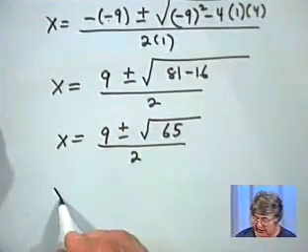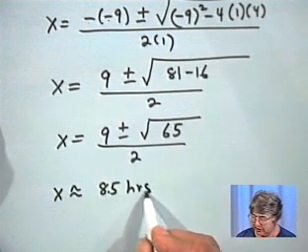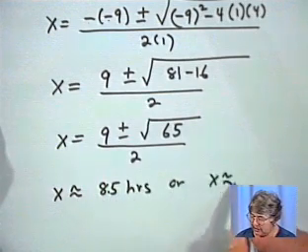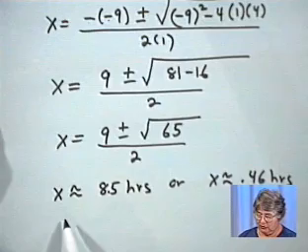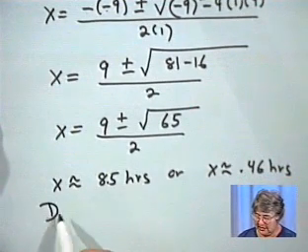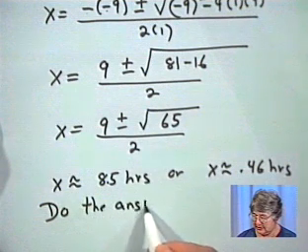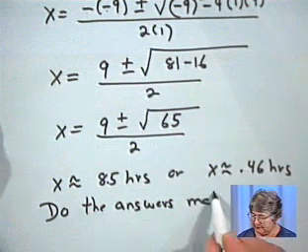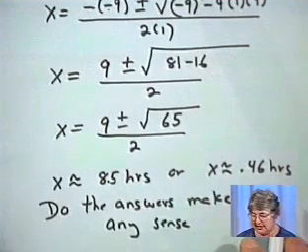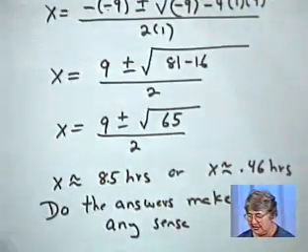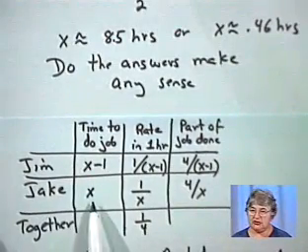Working with the calculator, I ended up with X being approximately 8.5 hours, or X being approximately 0.46 hours. Now, what you need to do is to go back to the problem and see if the answers make any sense. Do the answers make any sense? Now X, remember, is the time that it takes Jake to do the job.